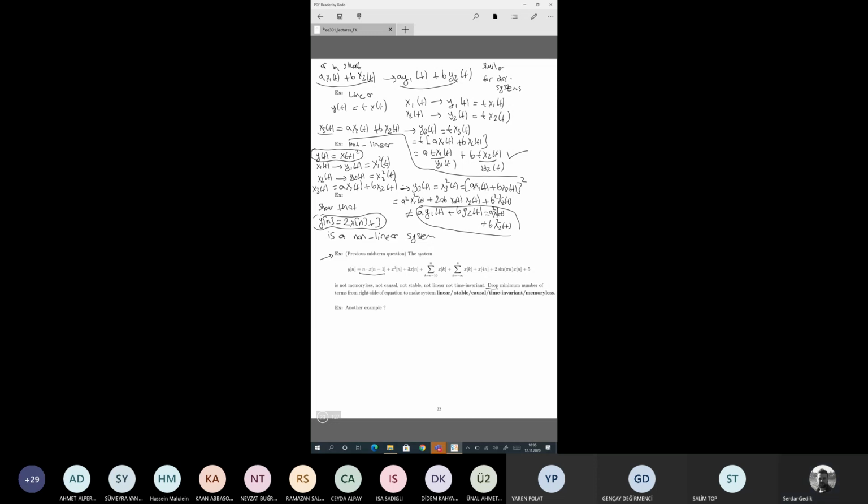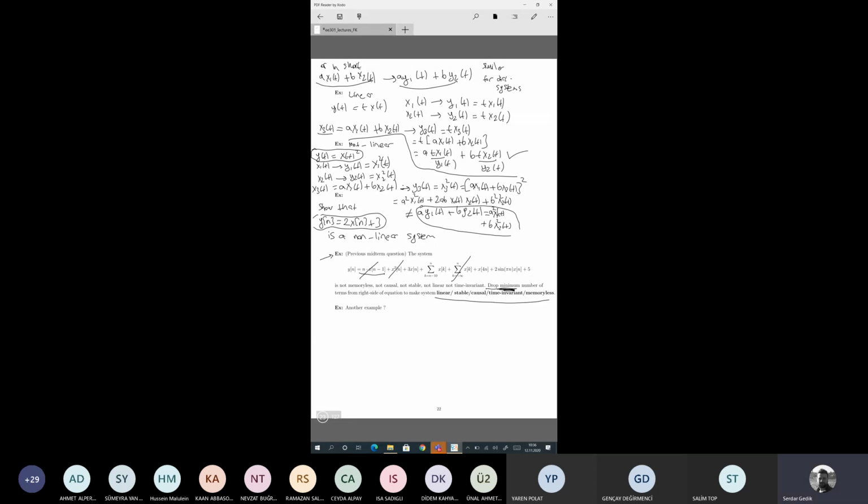Also, it violates the time invariance property, so I must omit this. This violates linearity, I should omit this. What does this violate? This violates stability, so I must avoid this. So you should erase some terms such that at the output you have those properties, but remember, you should drop a minimum number of terms from the right-hand side. So please try this at home by yourself.